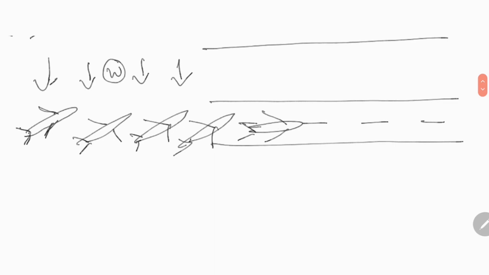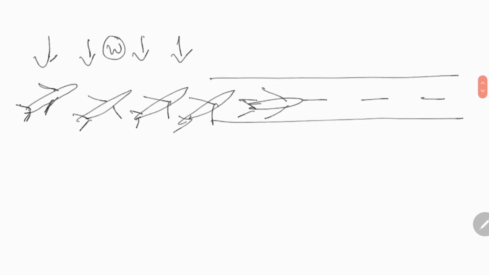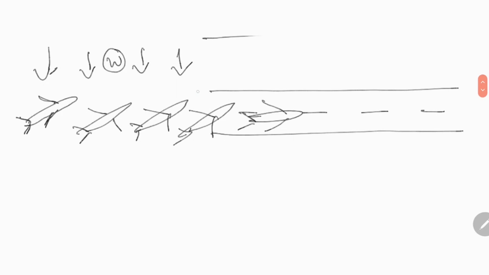Now if I can plot this with vectors, you can see this is the vector for this. What is this vector? This is the velocity of the plane. What is this vector?